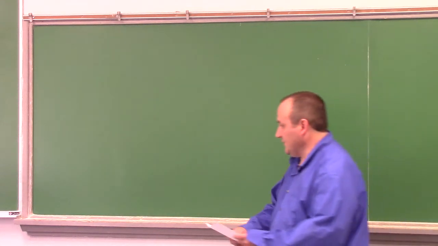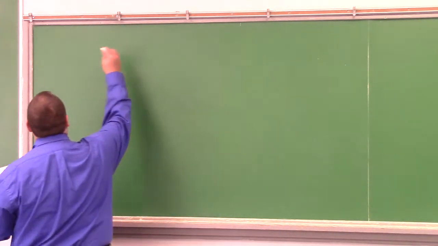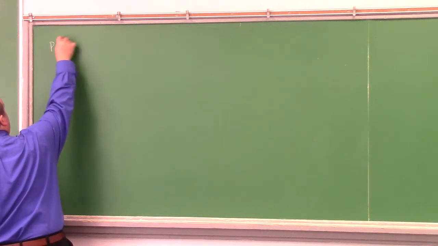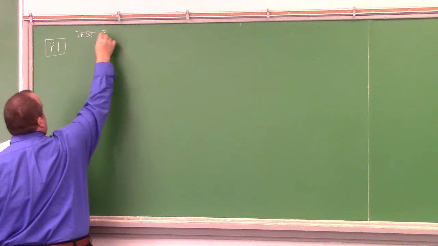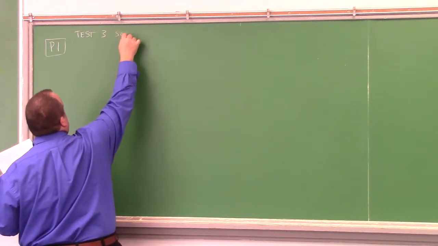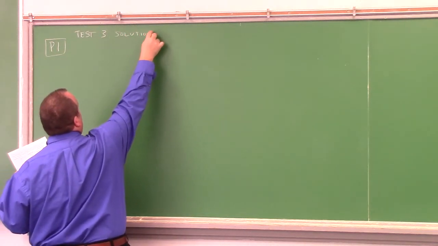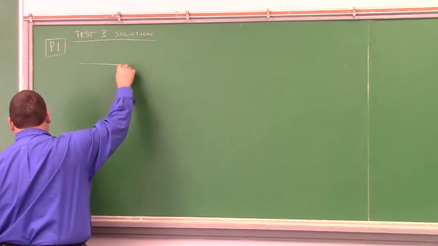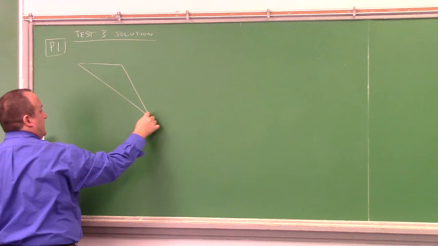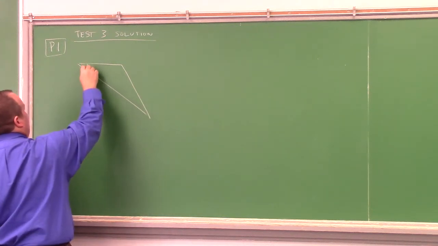So let's talk about the solution to the problems. I have the solution posted already, right? But the solution to problem 1 is wrong because I forgot a 2. There are 2 ways to do this problem. Some of you tried to do it a wrong way, which was to use the Pythagorean theorem.